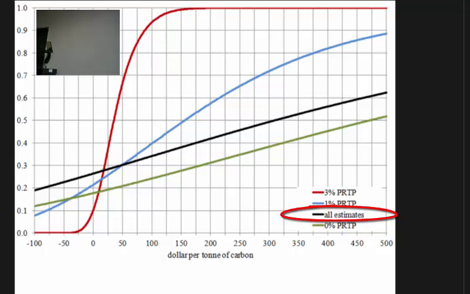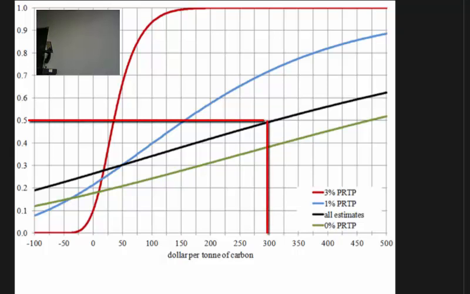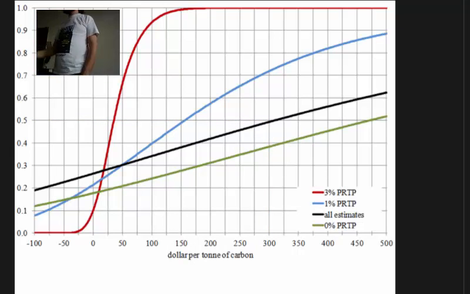Then there is a 27% chance that the social cost of carbon is negative. This then implies that there's an 83% chance that it's positive, and there's a 50% chance that it's greater than $300 per ton of carbon, and that also then implies that there's a 50% chance that it's smaller, right? So this is the CDF.